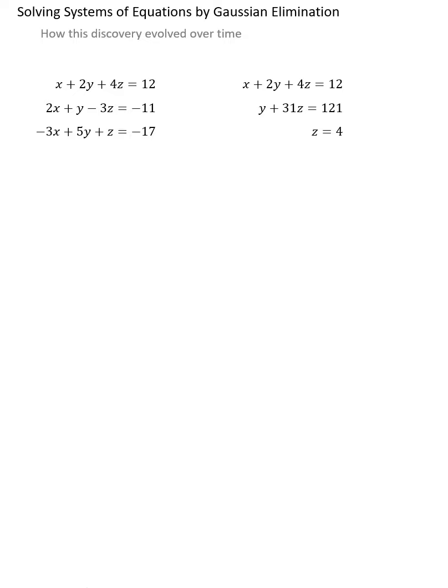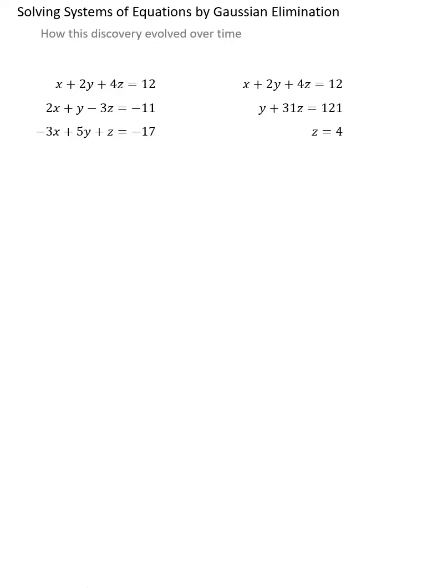Let's take a closer look at what we've done here. We've taken the system of equations on the left, and we've made some wise choices about how to apply our centuries-old discovery. And what the discovery says is that the system of equations on the left, the one we started with, will have the same solution as the system of equations on the right.